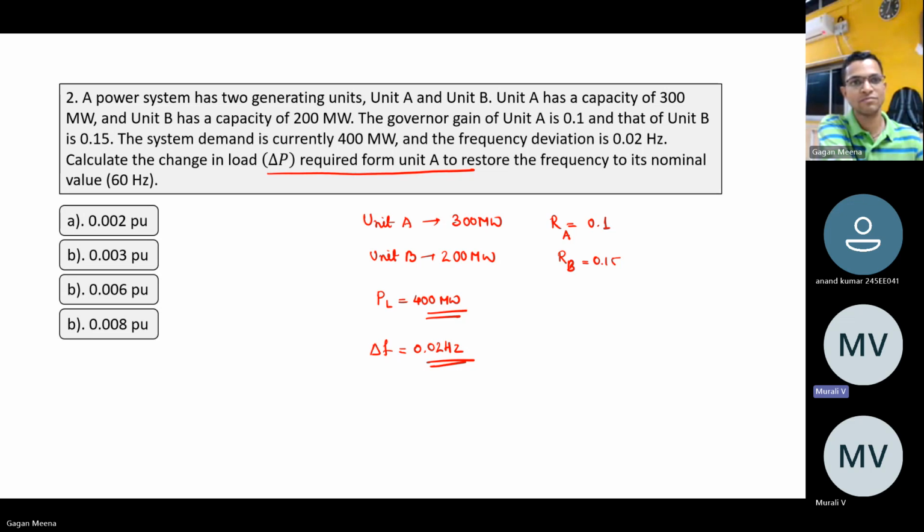Because the frequency is deviated because of change in load, now the generation has to change so that frequency comes back to normal. So how much change is required in generator A? That is the question. I think it should not be delta load, it should be delta P.